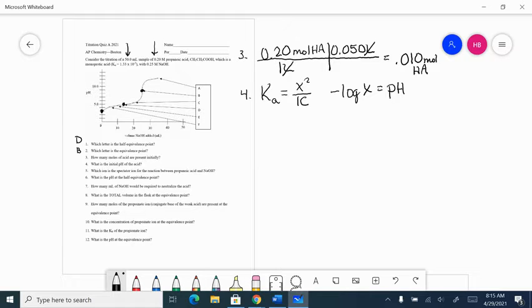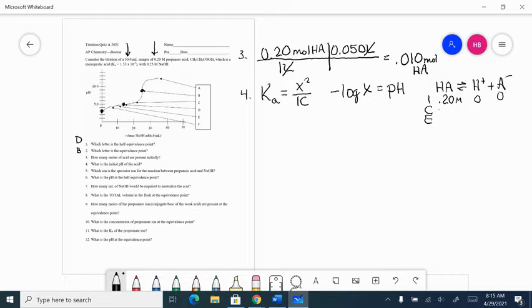Because when you do the ice chart, remember that this is the initial concentration. I also saw people getting confused and using the number of moles instead of the initial concentration. So the initial concentration is 0.2. Remember, ice charts always have molar. So if you put 0.01 in there, that's a common mistake I saw made.